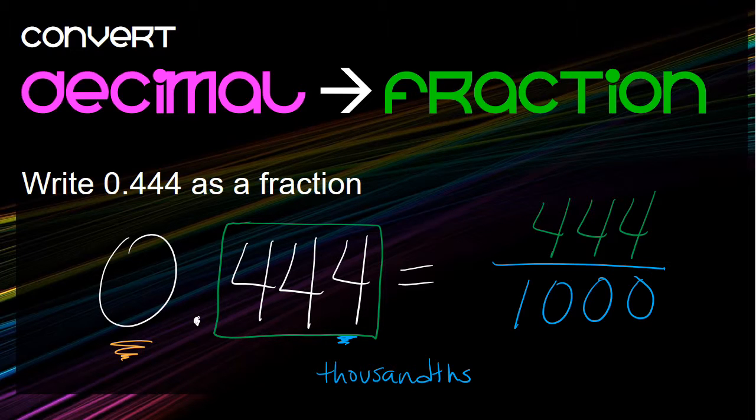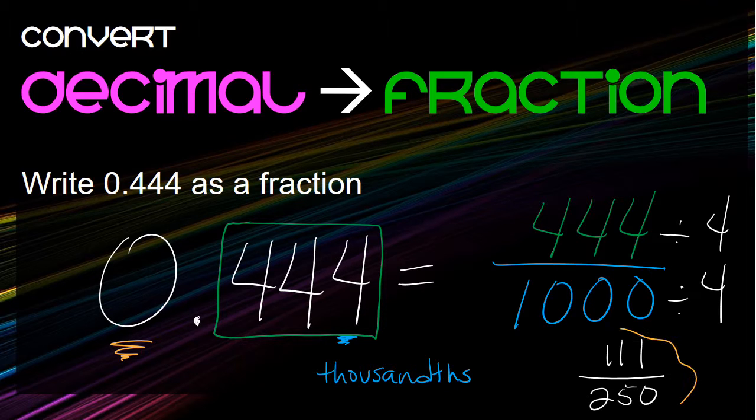We're going to divide the top and the bottom by 4. 444 divided by 4 is 111, and 1,000 divided by 4 gives us 250. So after we simplify, the decimal 0.444 as a fraction simplified gives us 111 out of 250.